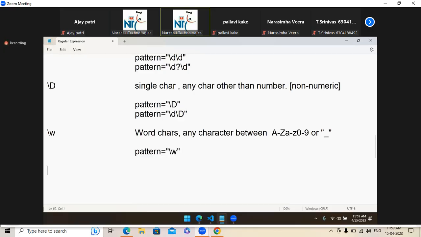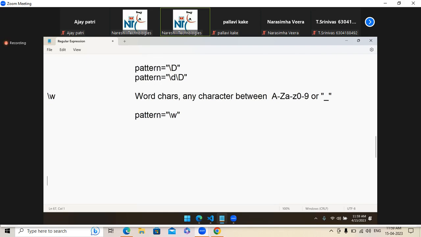Now you know that you can use combinations, like \w\D, \w with some uppercase D. Combinations you can try with different symbols, like the question mark, right? We will write such patterns, I will show you. Another one is uppercase \W. This is for non-word characters.